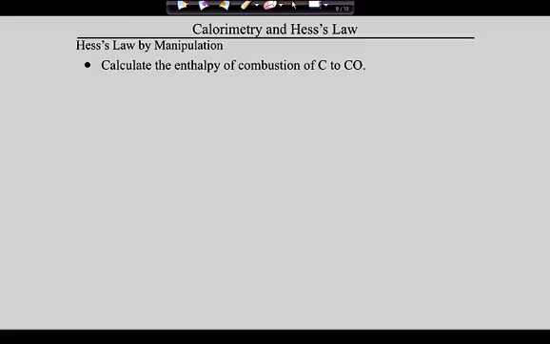The problem might read something like this. Write it down with me. It says calculate the enthalpy of combustion when carbon becomes carbon monoxide.